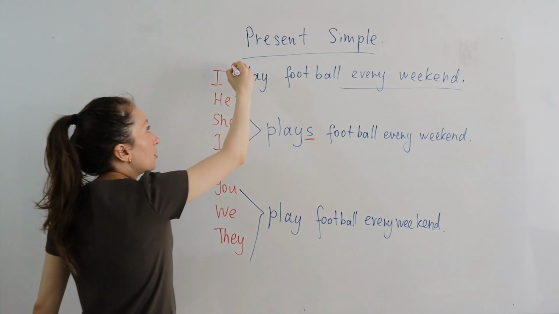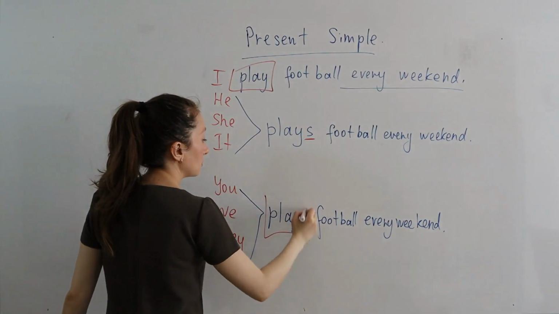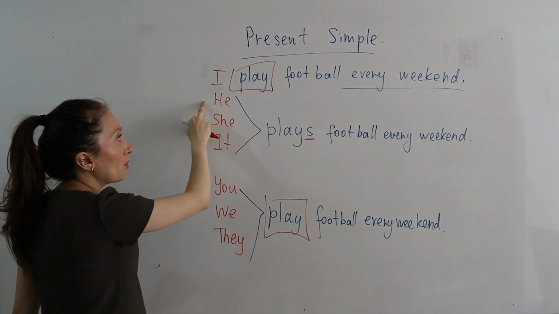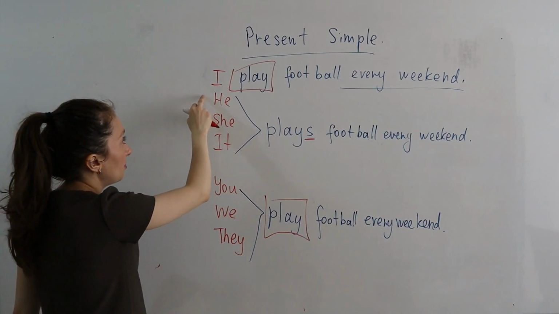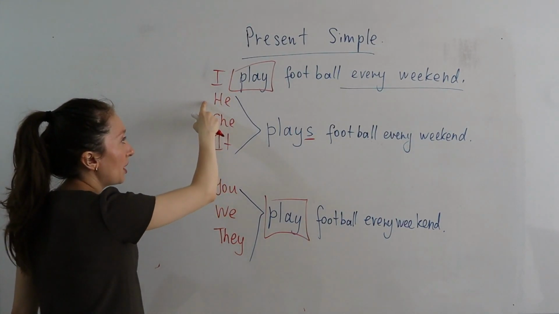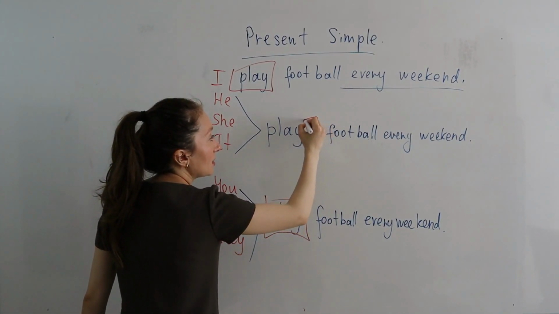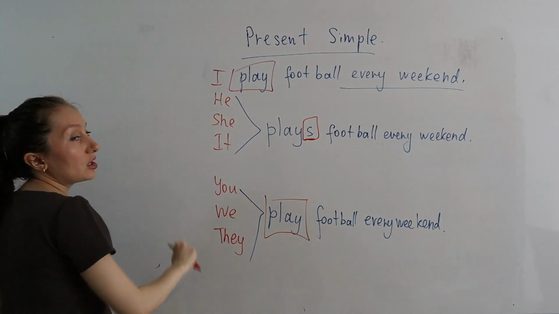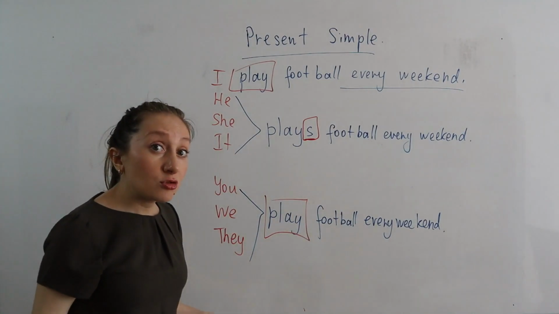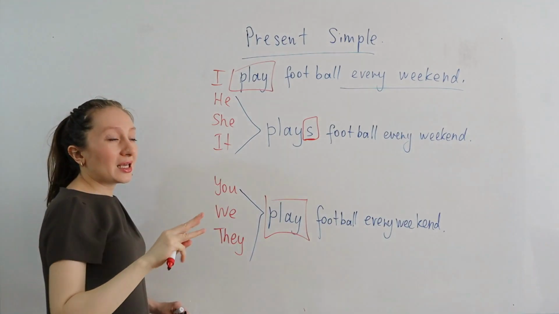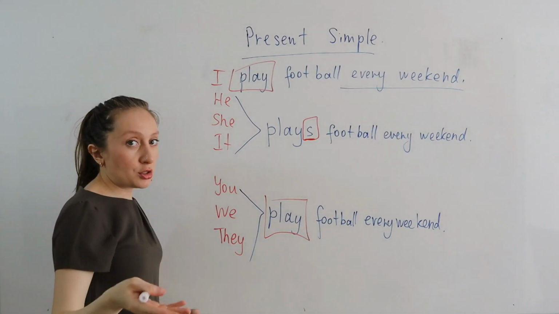You add the verb, but when you have pronouns he, she, it, can be mother, sister, it can be father, brother, or anybody, male, female. You add s ending to these three pronouns. That's super easy.